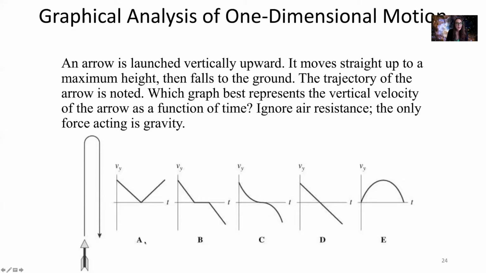So we can't use A here because it starts at positive, goes to zero, and becomes positive again. We don't want that, okay? Here, we're positive, and then for some reason we are zero velocity for some period of time, and then we go to a negative velocity, almost but not quite.